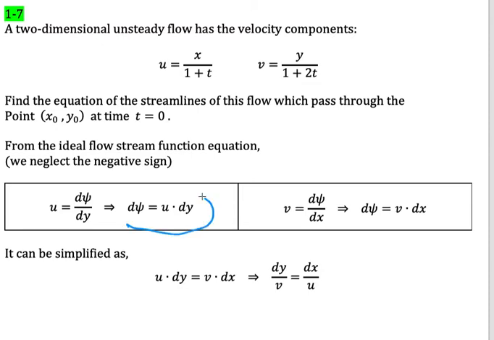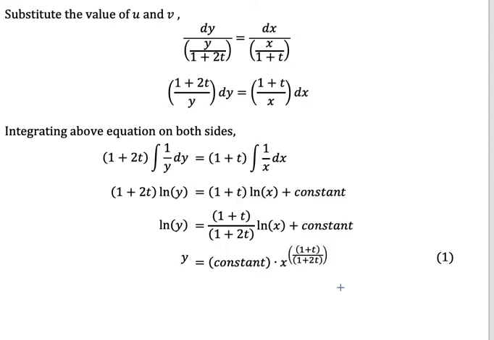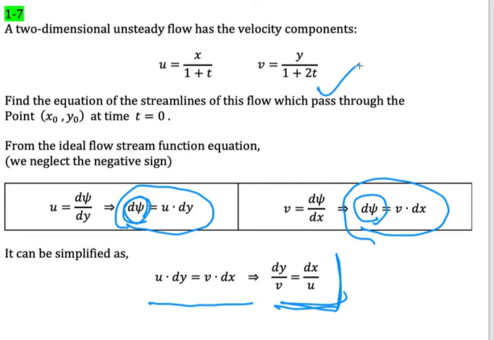So in this situation, we could rearrange the values here. dψ is equal to u dy, and dψ is equal to v dx. Because the ψ is actually the same, we could write u dy is equal to v dx. Then we substitute all the values as given in the question.